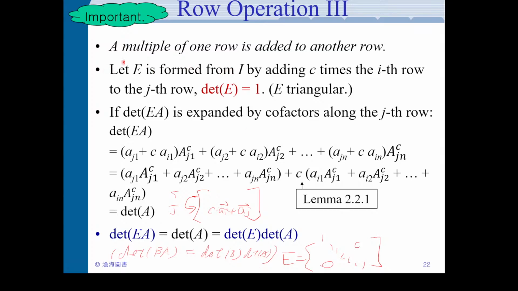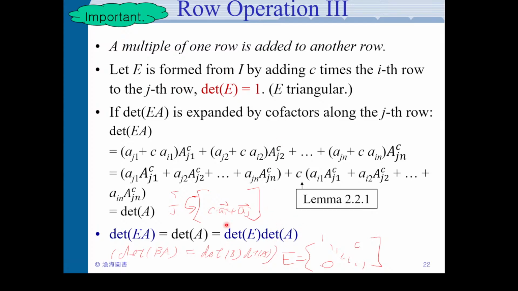First, we want the determinant of the third elementary matrix multiplying on any matrix A to equal the determinant of the third elementary matrix times the determinant of A.